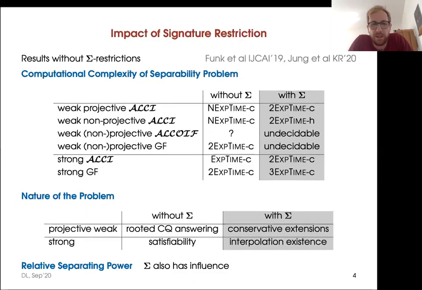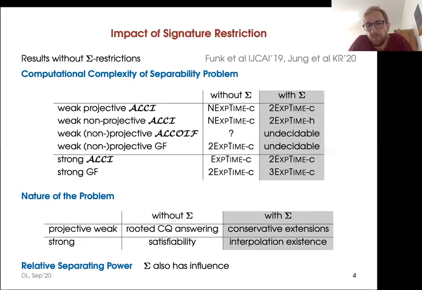Another thing that changes, that is also in the paper that I will not talk so much about, is that one can also look at the different separating languages. So let's say we have an ALCI ontology and we want to know whether we can separate with ALCI concepts or with first order concepts or with UCQs, and whether this makes actually a difference.